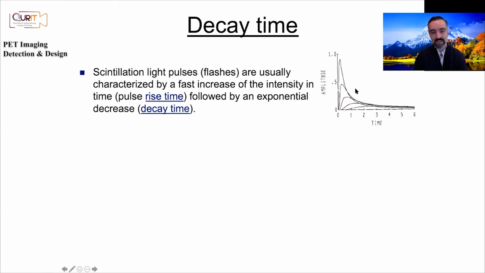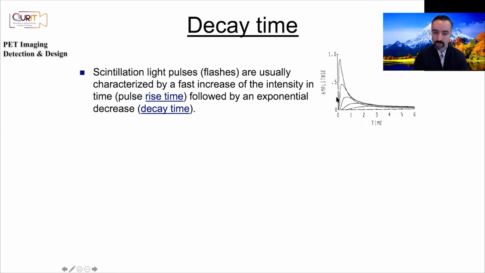So looking at the decay time, it's not just the decay time that's important, but also the rise time. So here's a scintillation event where you've got that molecular excitation happening.